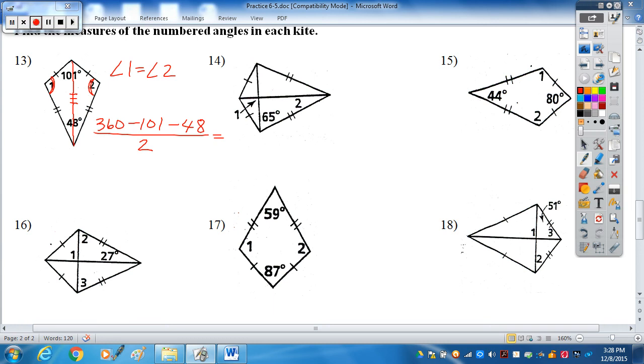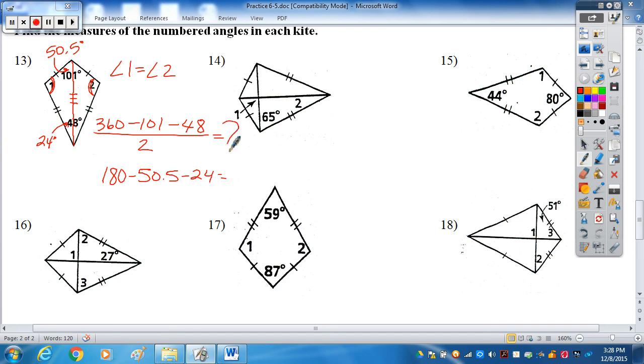You could also, since both of these angles are congruent to each other, we can go ahead and say that this is 24 degrees and that this one up here is 50.5 degrees. And then you can go ahead and take 180 minus 50.5 minus 24, and you will get the exact same answer for both of those.